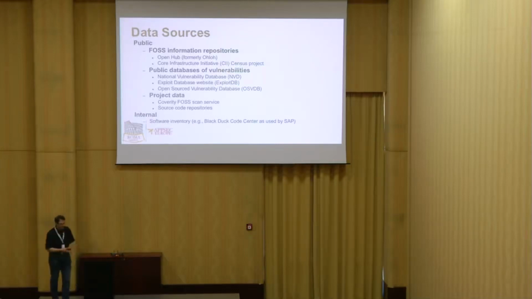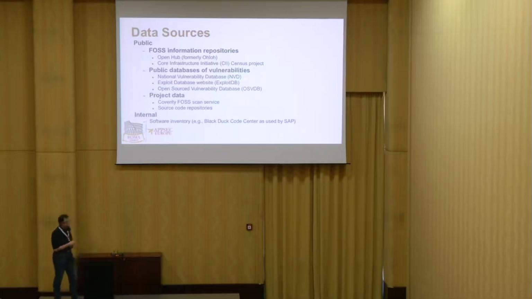There's the Core Infrastructure Initiative, which is currently looking at a lot of open source projects, also looking at how they develop software securely, which gives insights into how mature the projects are with respect to their secure software development lifecycle. There are publicly available vulnerability databases like the NVD, ExploitDB, and OSVDB that we can use for the analysis.